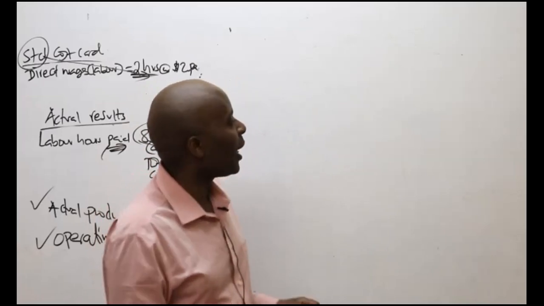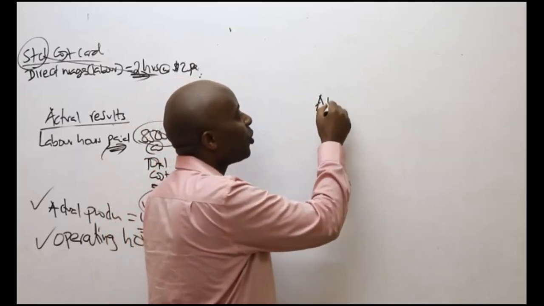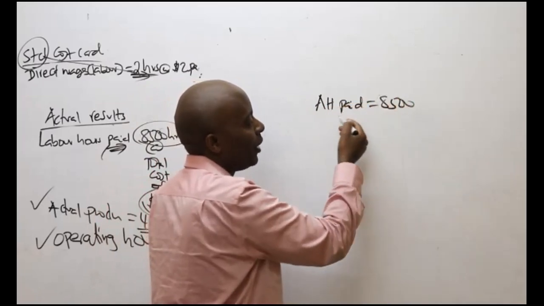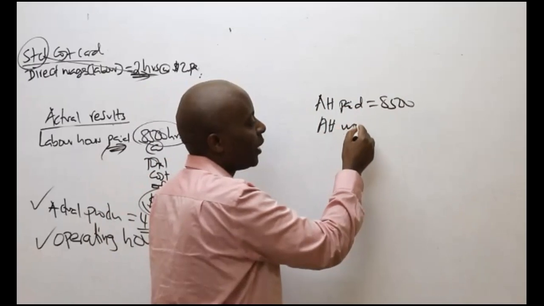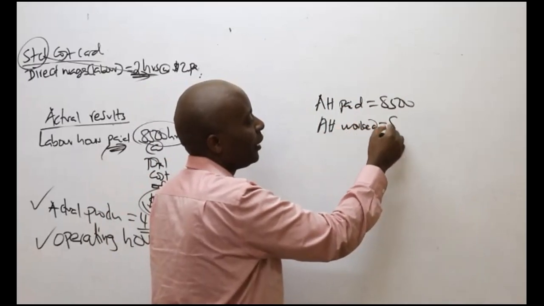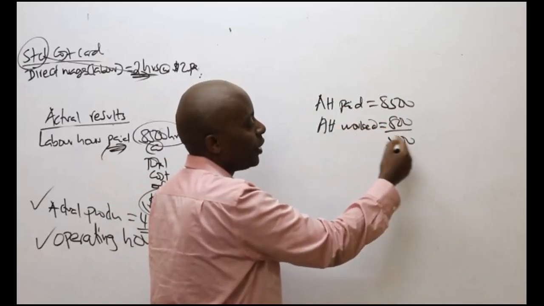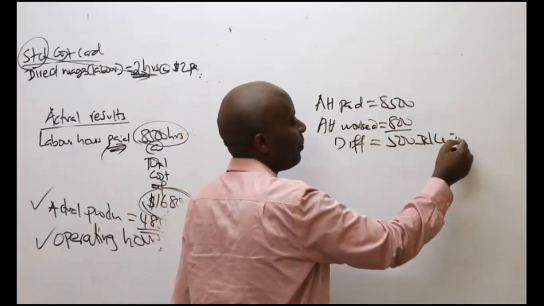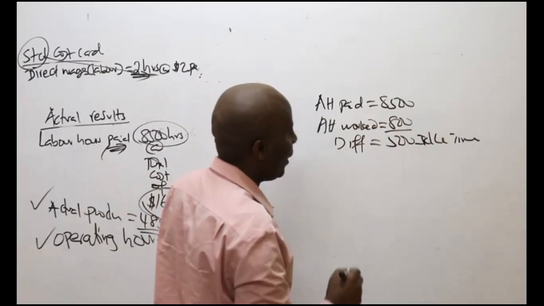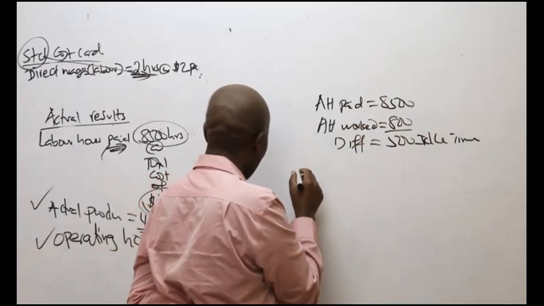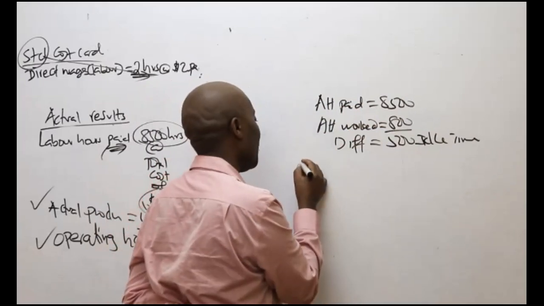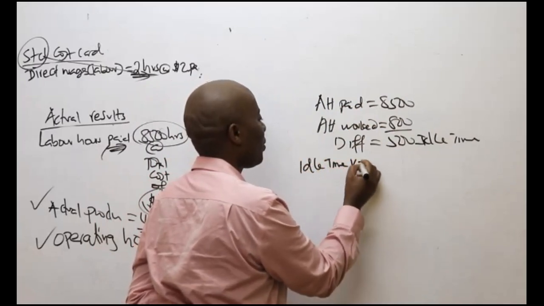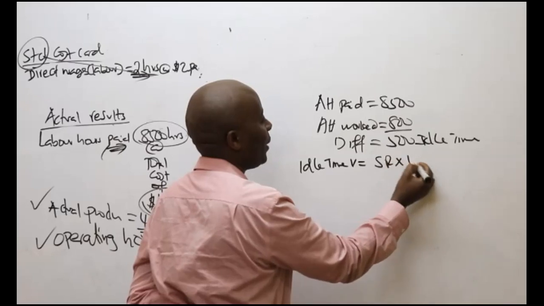Now, you say repeat on how to get idle time. Remember, the actual hours we paid was 8,500. But they worked how many hours? They worked 8,000 hours. The difference is 500. This is what we call the idle time. But now you have to measure this in terms of money. Idle time variance will be equal to standard rate times the idle time.